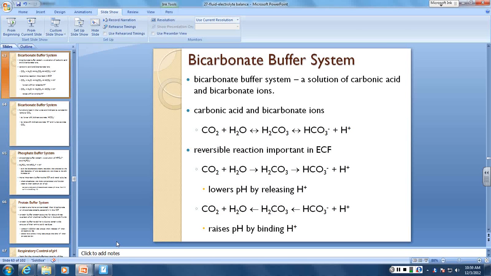At this point, you don't really need to memorize all this, but it explains that here you have a free hydrogen ion, and it's going to connect with a bicarbonate ion to make carbonic acid. So as long as you're sucking that hydrogen ion out of solution, it's not going to contribute to the pH. Okay.